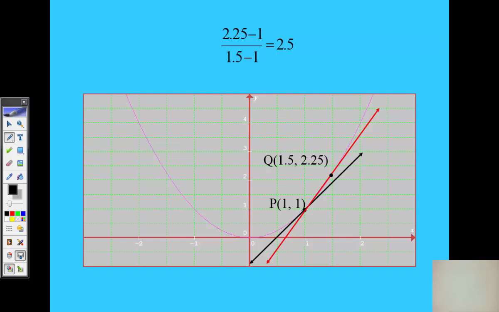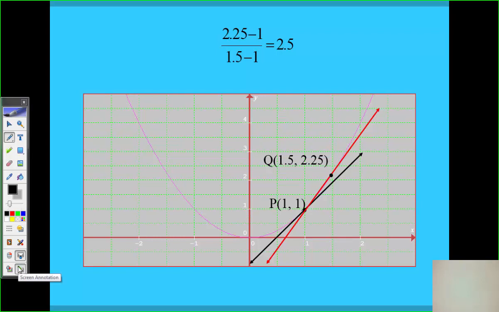So again, we're going to use our slope formula, so we'll plug in our values, and for this graph, we chose the point 1.5. Last time we chose this point out here at 2, and we calculated the y value. We're doing the same thing here.